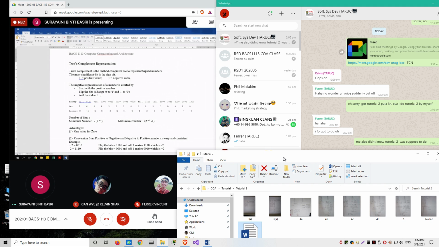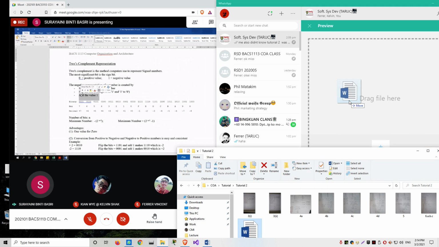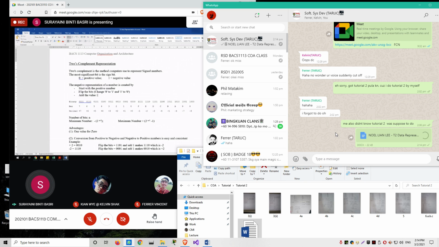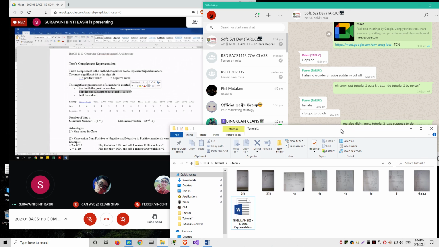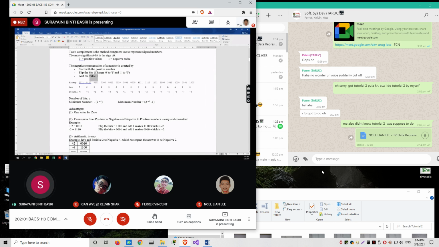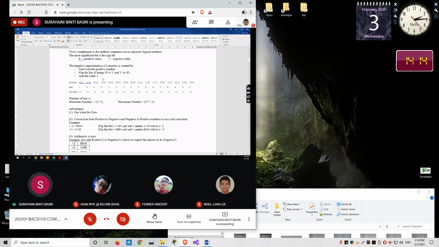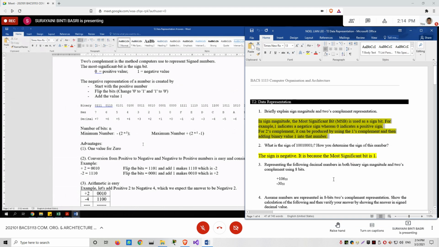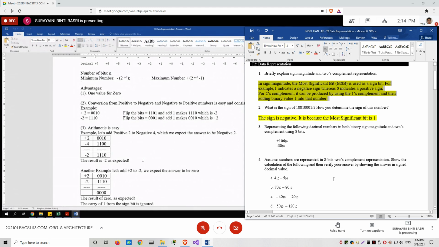After that, the new rule added in two's complement is adding the value 1 to that inverted number. This rule can produce the correct answer whenever we do arithmetic operations on two's complement binary numbers.